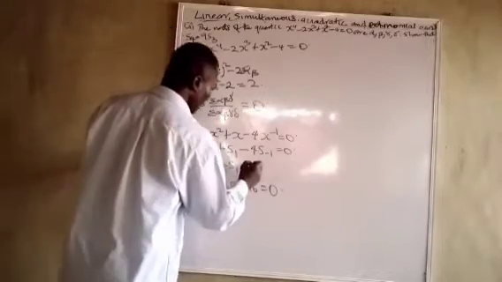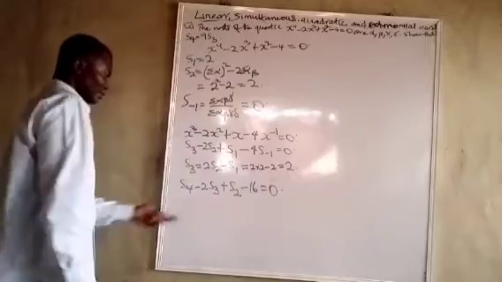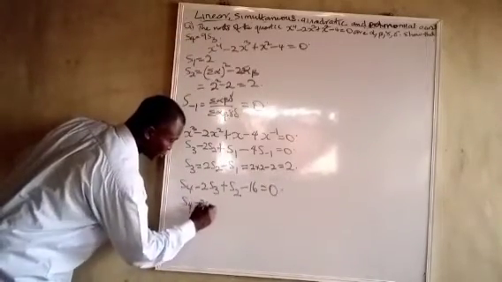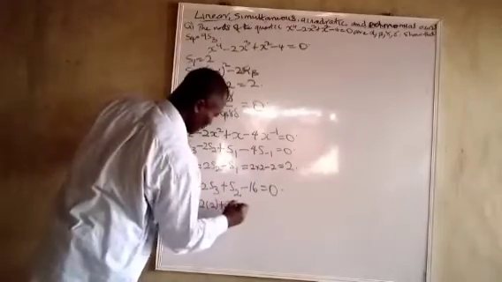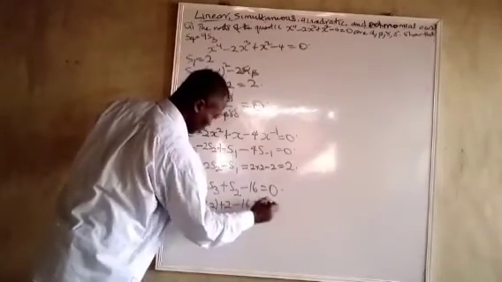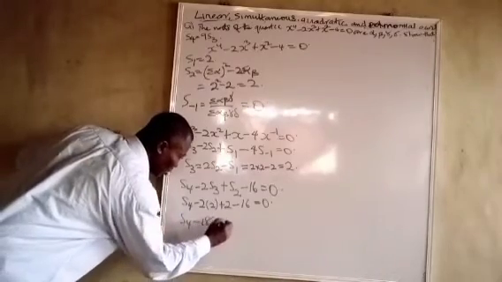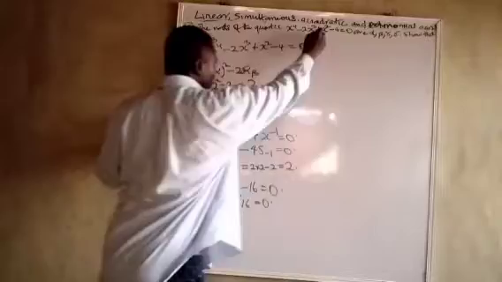What is s1? 2. So that is 2 times 2 minus 2. This is 2. Now let's substitute here. So s4 minus 2 into 2 plus 2 minus 16 is equal to 0. So s4 minus 18 equals 0. So s4 is equal to 18.